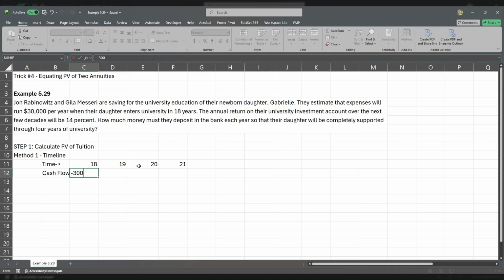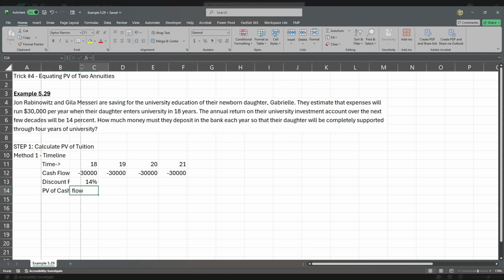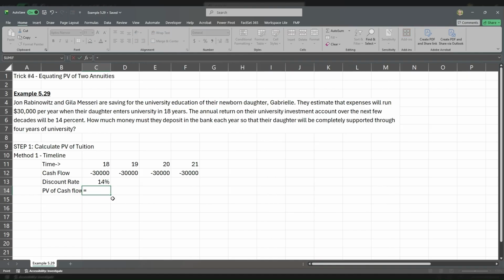Here, they think it's going to be $30,000 per year, and I have a discount rate of 14%, and I can calculate the PV of cash flow, which is just going to be my future value divided by 1 plus the discount rate to the power of n.